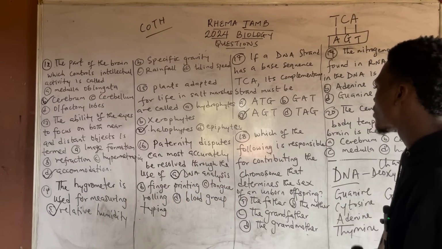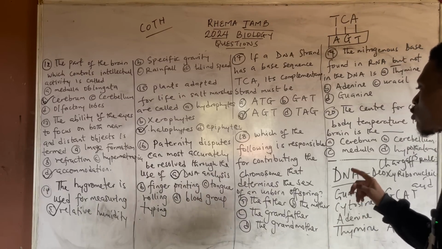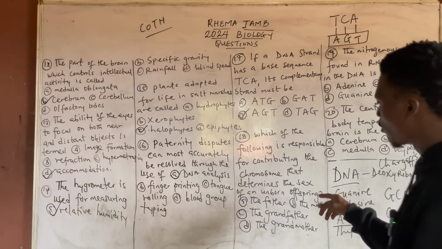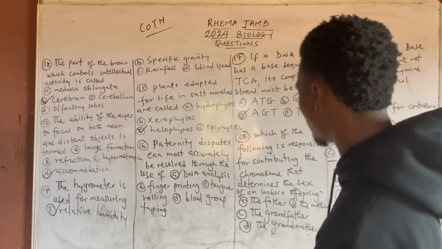Which of the following is responsible for contributing the chromosome that determines the sex of an unborn offspring? It's very, very easy.